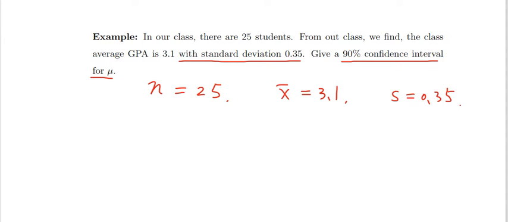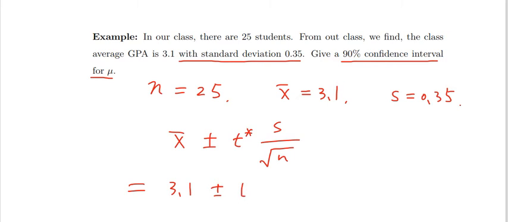Okay, so the formula is X bar plus minus T star times S over radical N. So here we just plug in X bar is 3.1, S is 0.35, and N is 25.